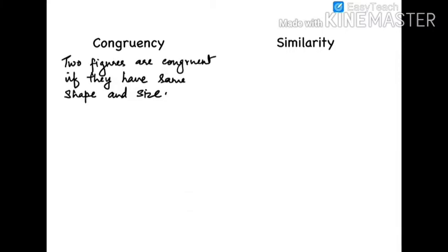Recall the concept of congruency. Congruency means equality. When do we say two figures are congruent? We say that two figures are congruent if they have same shape and size. For example, we have two triangles, triangle ABC and triangle PQR.